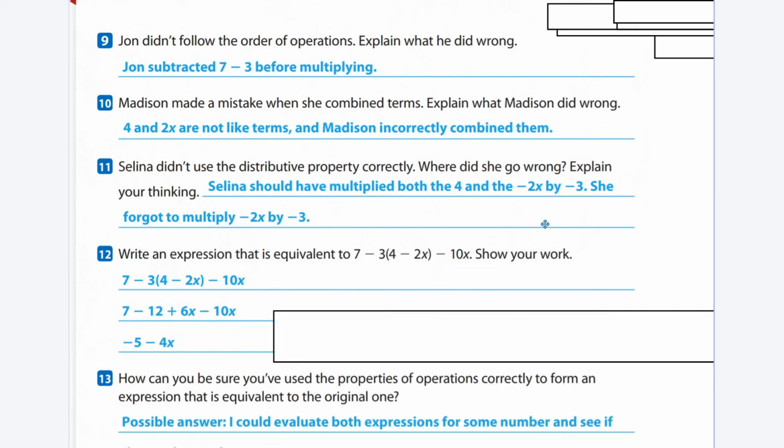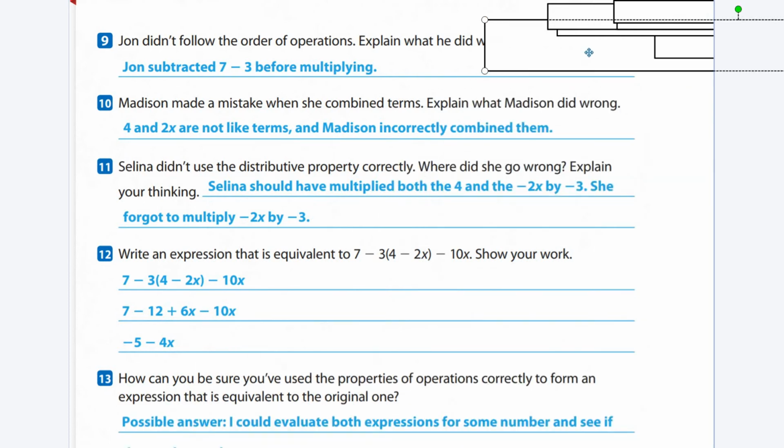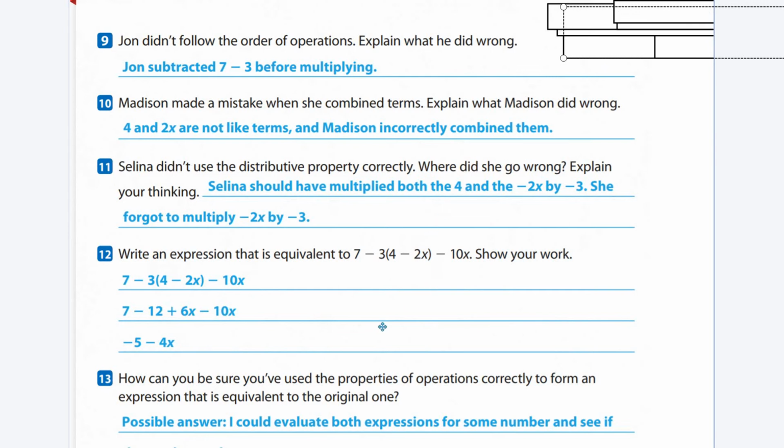And now number 13. One of the possible answers, because there could be plenty of possible answers, I could evaluate both expressions for some number and see if the results are the same. I mean, that's the key. So again, I can evaluate both expressions for some number. That means plug in a value for x. Like let's say 2.